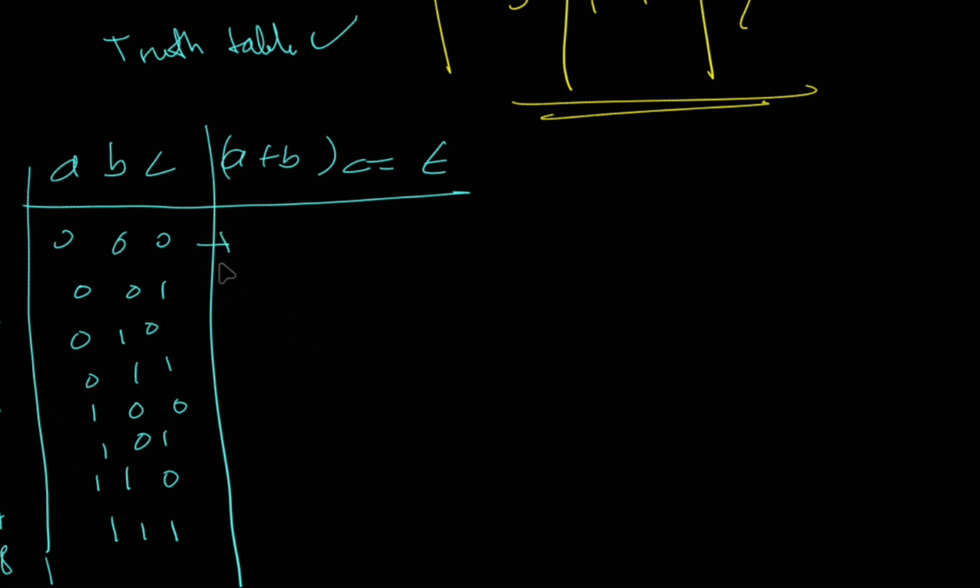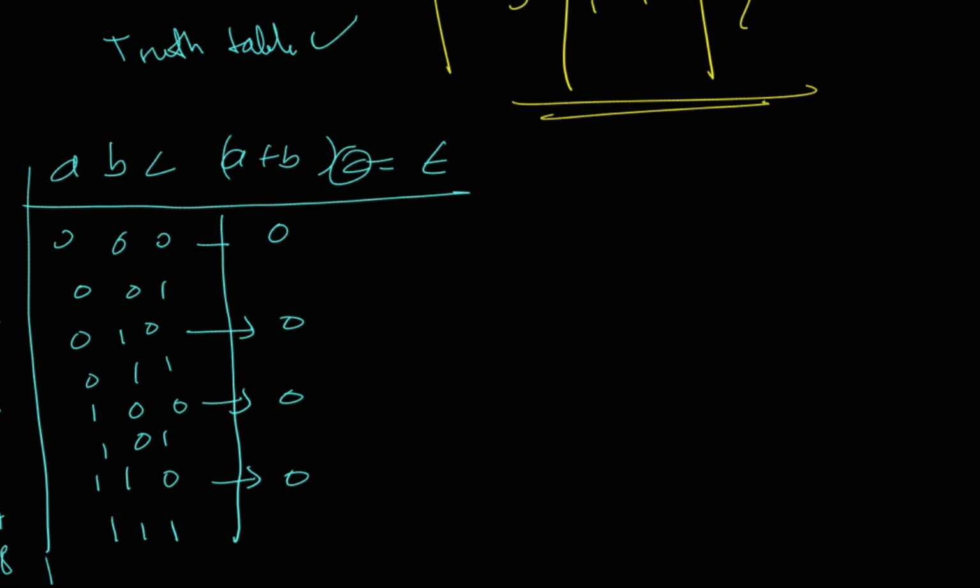What will be E for this combination? When C is 0, then E will be what? E will be 0 because when C is 0, you have AND. E will be 0. So here E will be 0. So in the remaining, when C is 1, then what will be E?